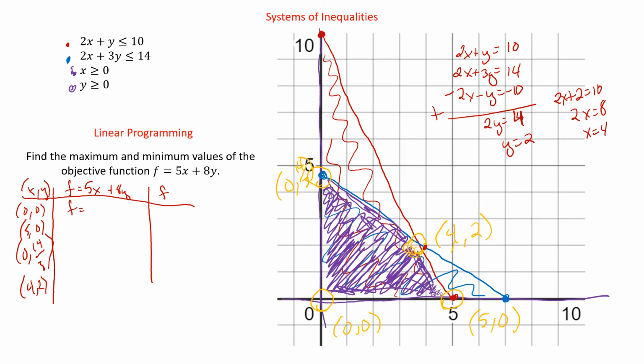So f equals 0 plus 0. F equals 5 times 5 is 25 plus 0. F equals 0 plus 8 times 14 divided by 3 is 37 and a third.